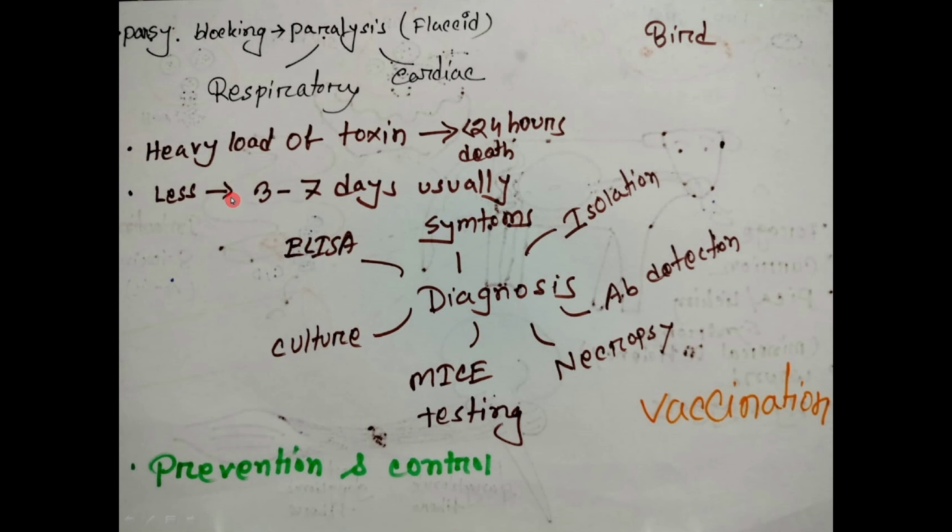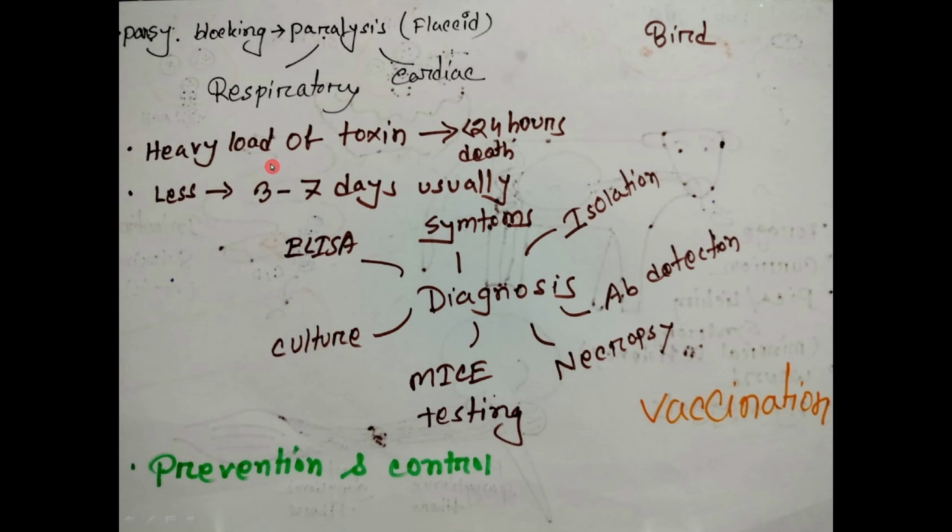As I mentioned before, with a low dose this toxin can cause more effect on the body. So if the load of the toxin is very heavy, the animal will obviously be dead within 24 hours. But if the toxin load is less, it may show signs and symptoms within 3 to 7 days.